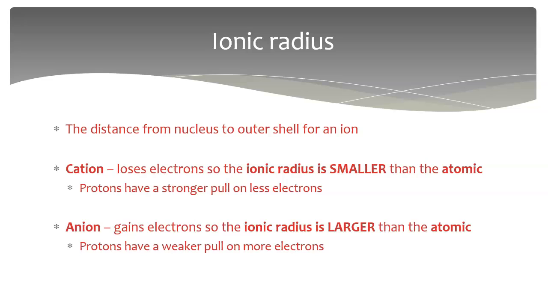The protons will have a bigger pull on the electrons as well, since there are fewer electrons. If it's an anion and it becomes negative, then it's gaining electrons, so the ionic radius is larger than the atomic radius. The protons have a weaker pull, so the proton number is the same, but there's more electrons, so then it has a weaker overall pull on those electrons.